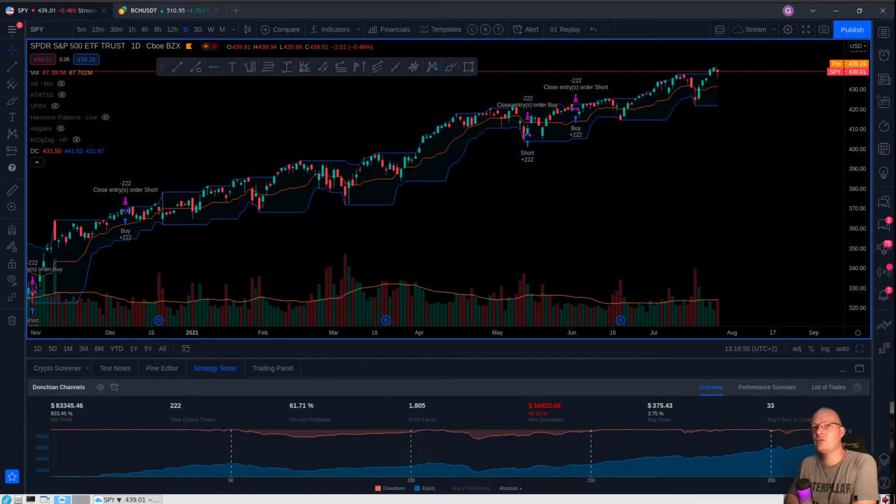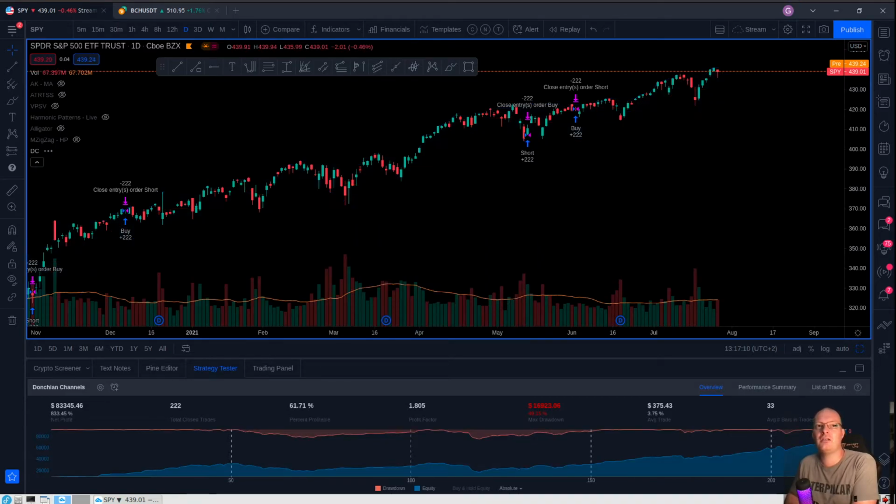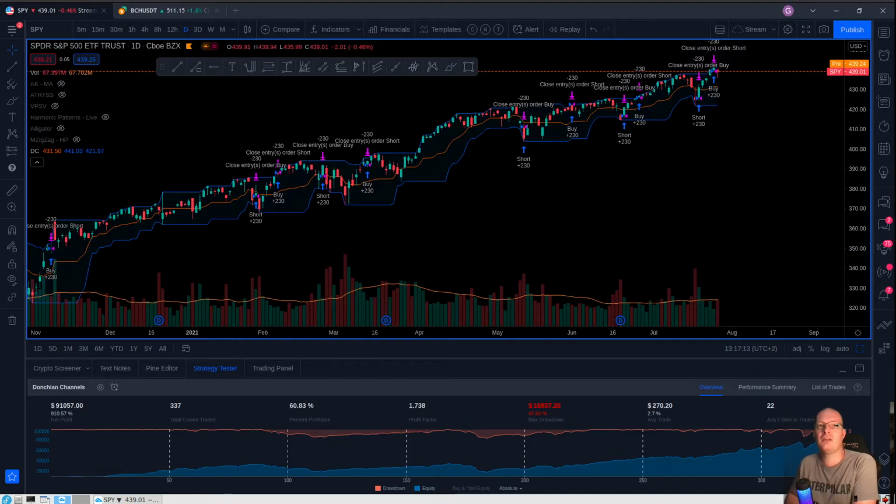So we're doing less good, but if we take away the double confirmation, and now it's lagging again. Okay, so the double confirmation here, if we take that away, then we would get a higher, there we go, 910%. So this one is doing better.